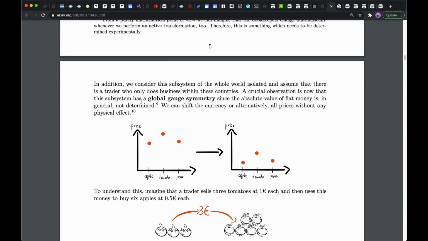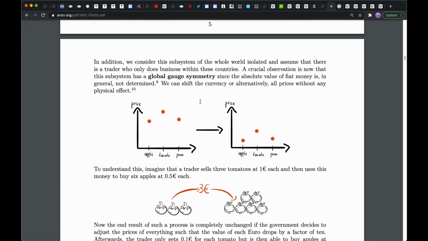For that currency we will have a global gauge symmetry, and that means that we can shift the currency, or alternatively all prices, without any physical effect on the whole system, like in the real world.